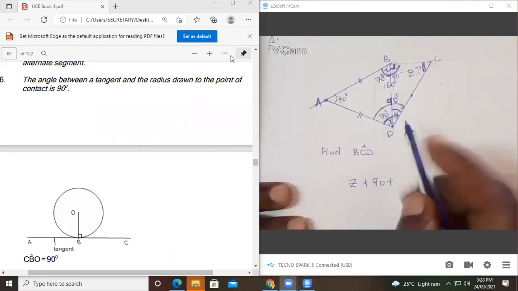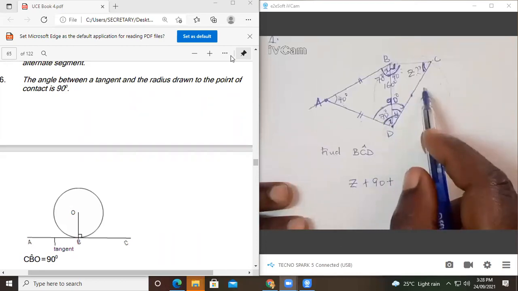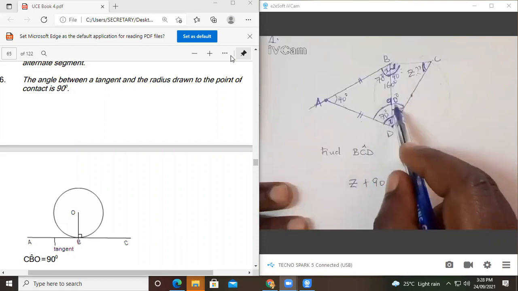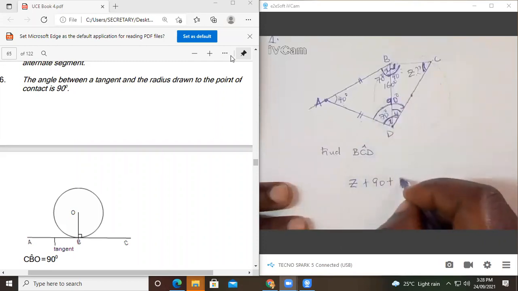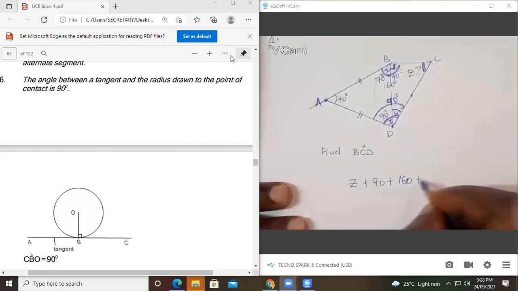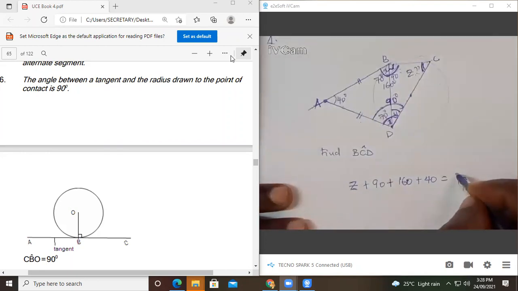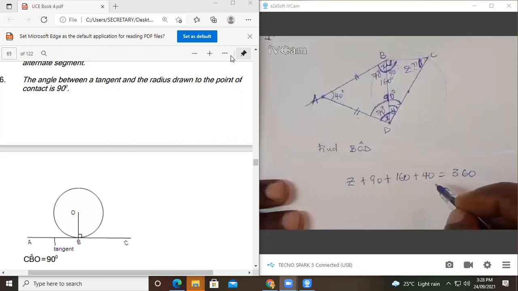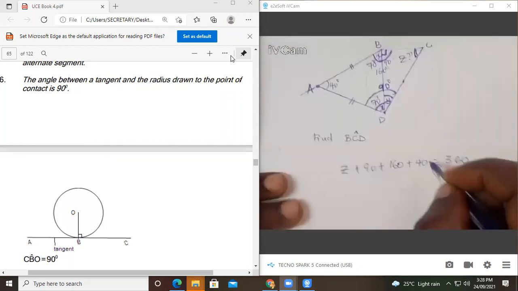Yes. So we shall say Z plus 90 here, isn't it? Then plus what? 160, then plus what? 40. Plus 40 equals 300 and what? 360 degrees. I thought 180.